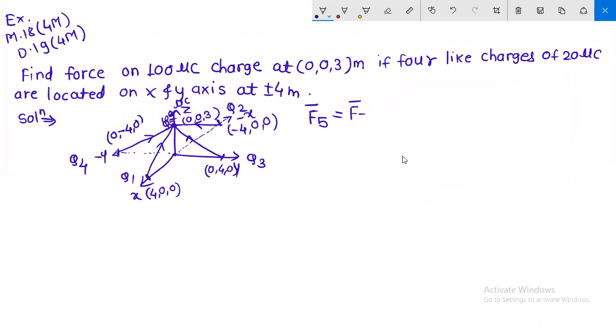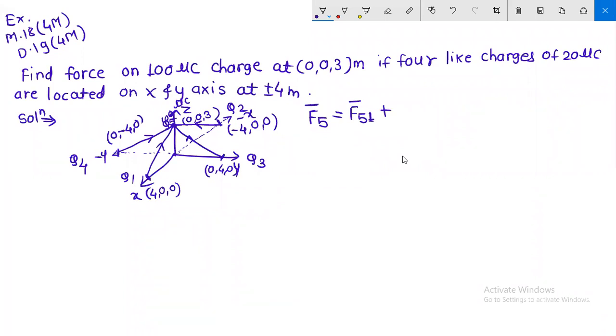So I can write this as F bar 5 1, because the force is acting on charge q5 but due to charge q1. Okay, that's why it is F bar 5 1.